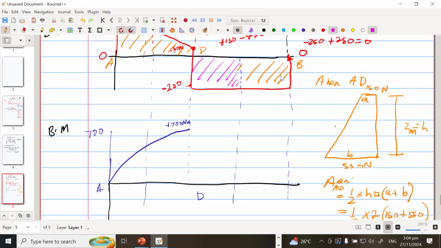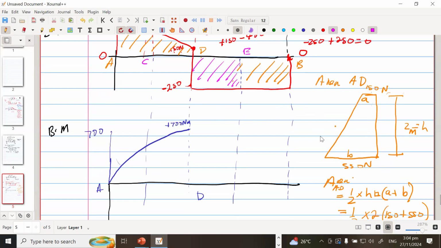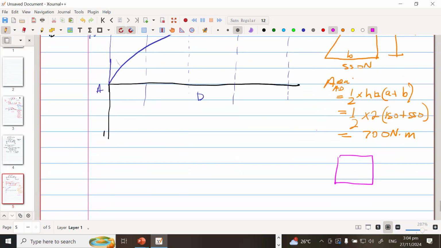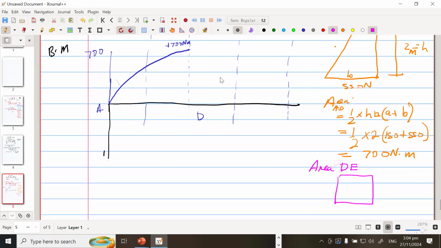And what distance is that area mapping? It maps, I think this was C, and then this was E. So we call it area DE. So what's the height? The height of it, as a rectangle, is minus 250.